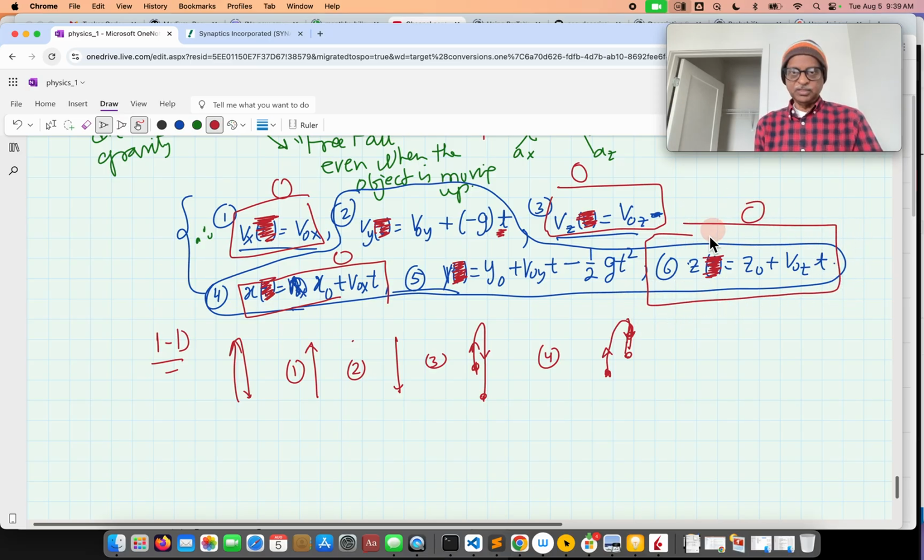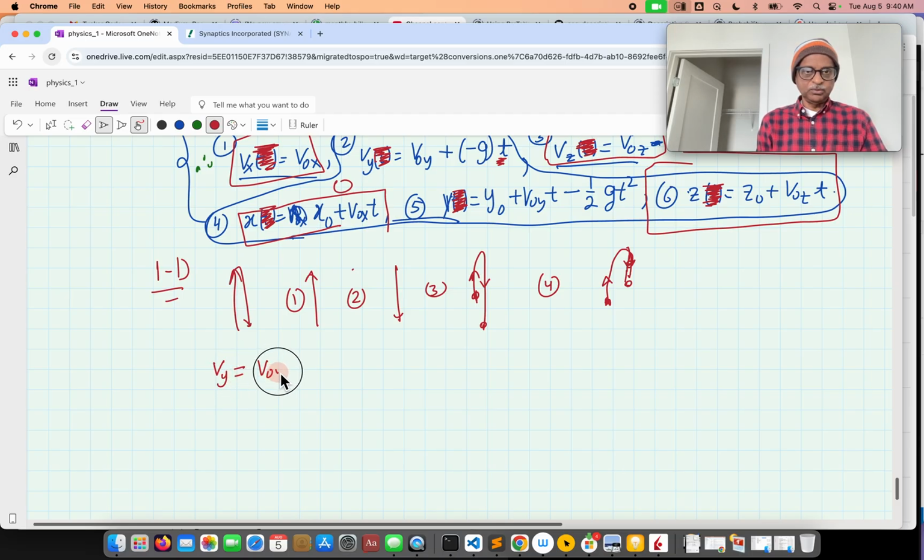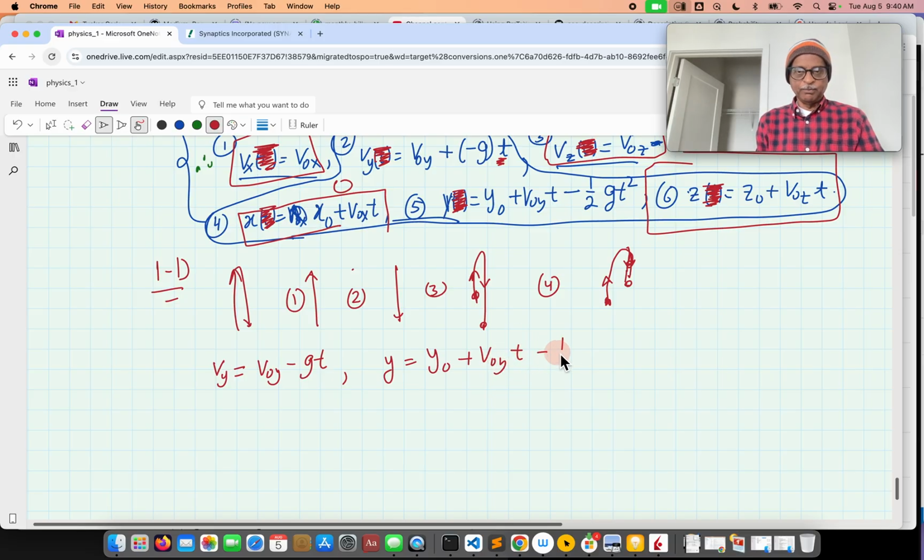Then you have just these two equations. Okay, let's look at those two equations. So Vy equals V0y minus gt, and y equals y0 plus V0y t minus half gt squared.